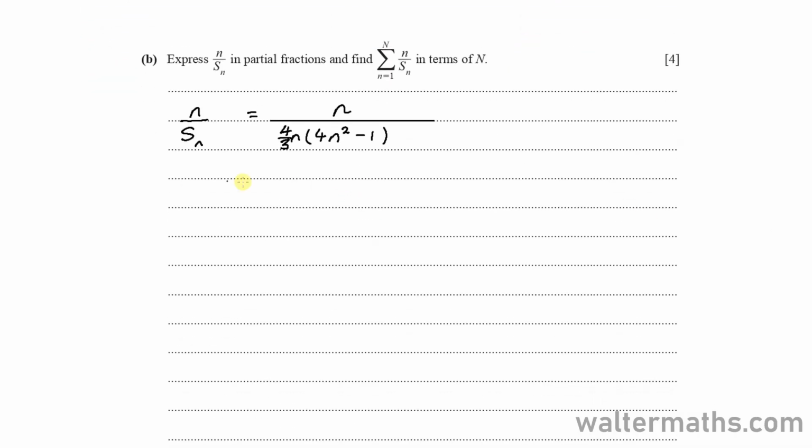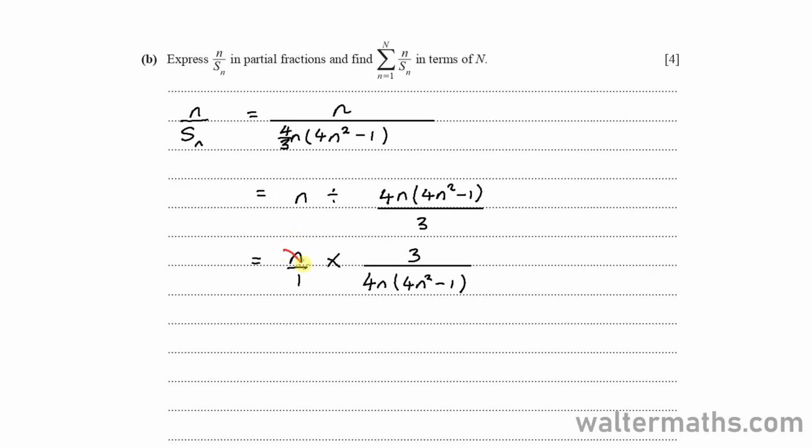So let's simplify this. This is going to be equal to n divided by, and the denominator here, I'm going to write it as 4 of n of (4n squared minus 1) all over 3. And that's the same as n over 1, times, inverting, 3 over 4n of (4n squared minus 1).